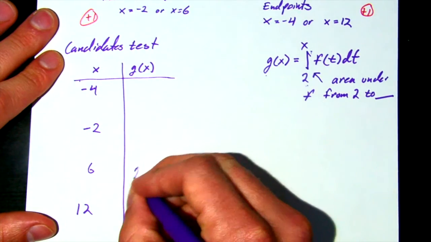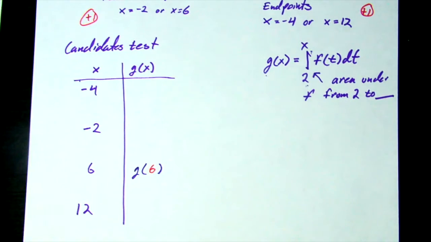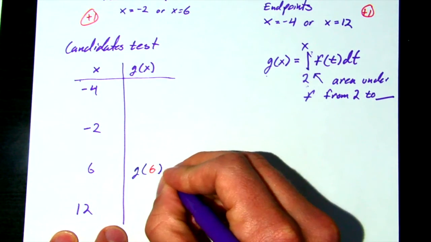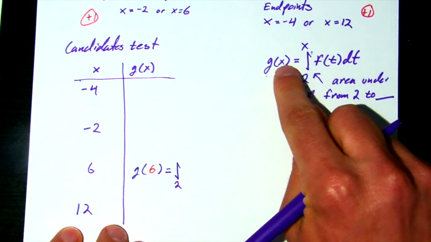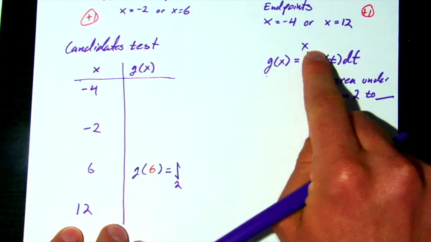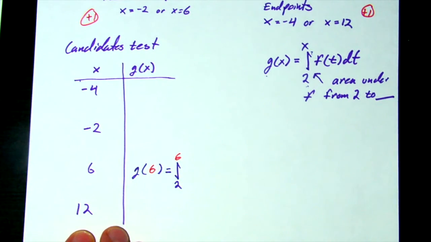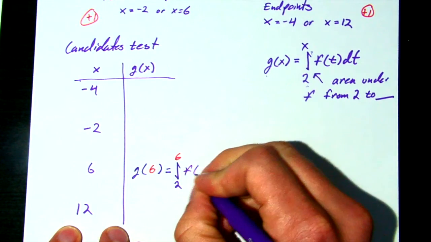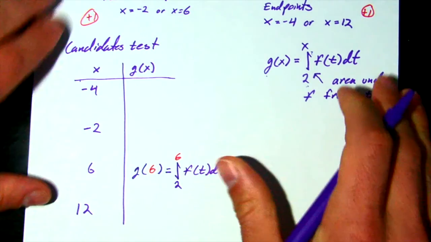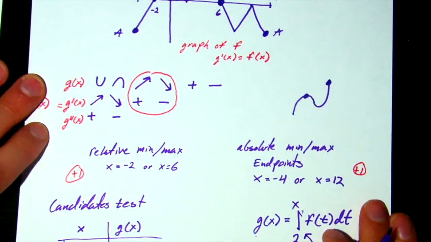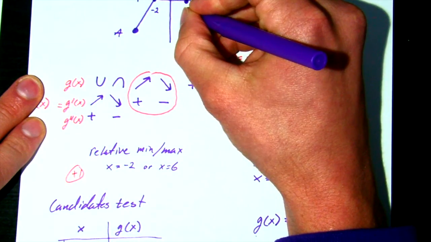So g of 6 is equal to the integral from 2 to 6 of f of t dt. So I go back up to my sketch. This is 2 right here.